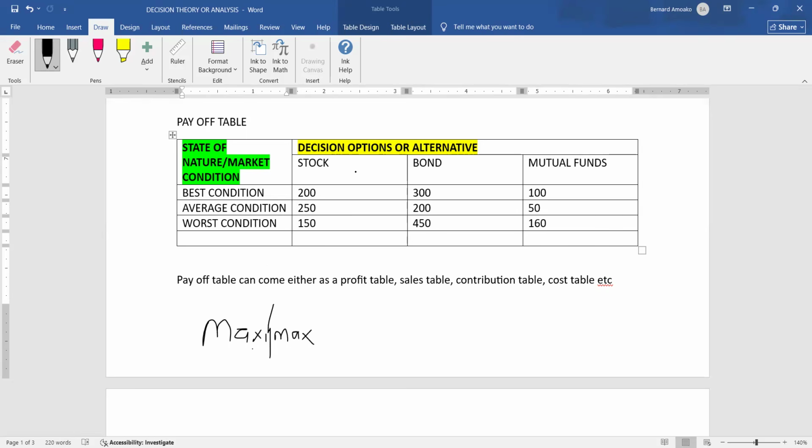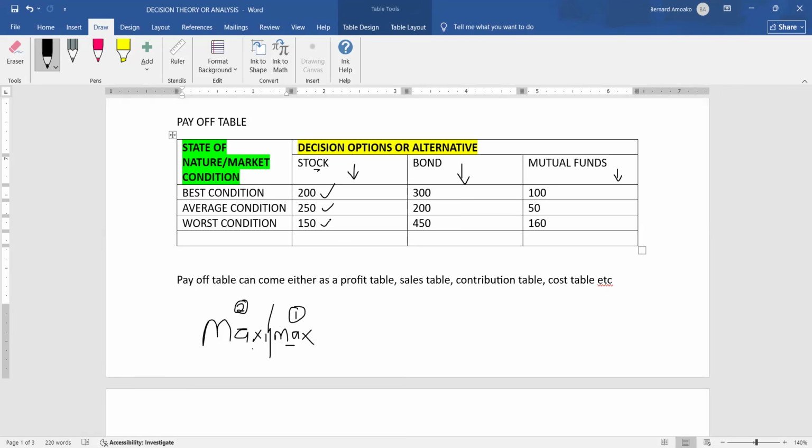What do I mean? These are the decision options or decision alternatives that you have. First, select the maximum values under them. So the first one, you first tackle the one behind it, then subsequently you come and tackle the one before it. So under the decision option stock, we have 200, we have 250, we have 150.